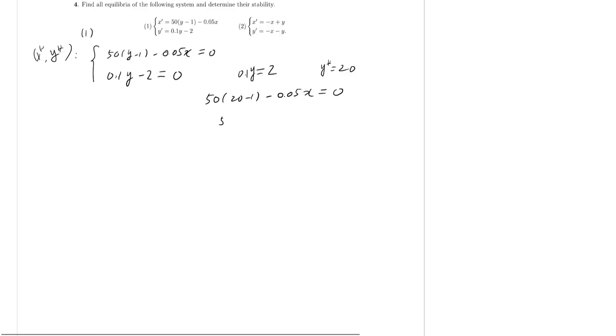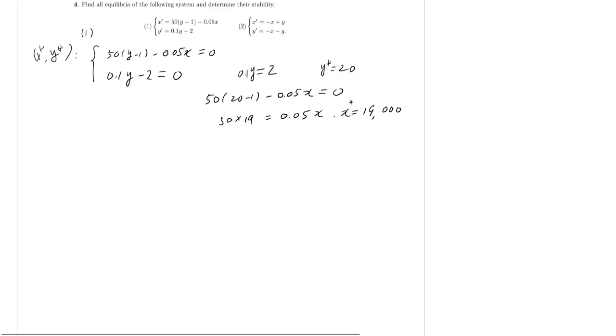So we have 50 times 19 is equal to 0.05x. Multiply 20 both sides, so we will have x is equal to 19,000. It's a big number.